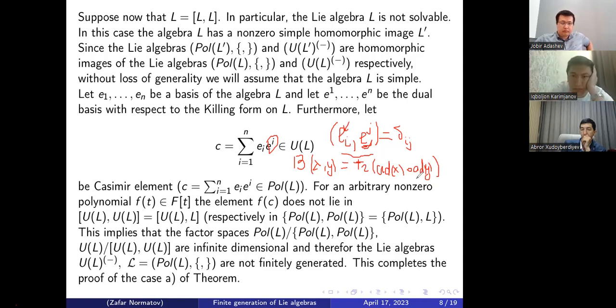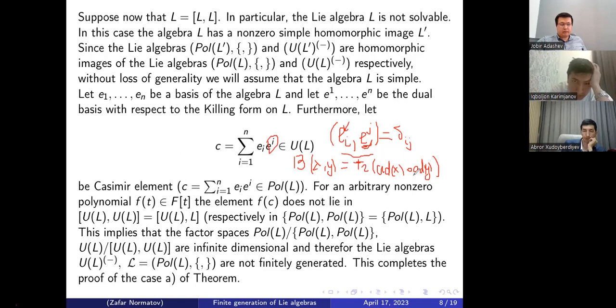This dual basis is a basis on the same vector space, but there is a relation between these two bases by the Killing form. On the same vector space, you choose another basis, but this new basis has a relation by the Killing form with the old basis.